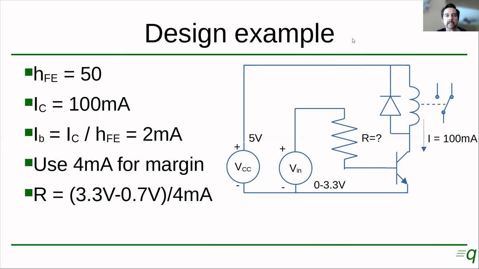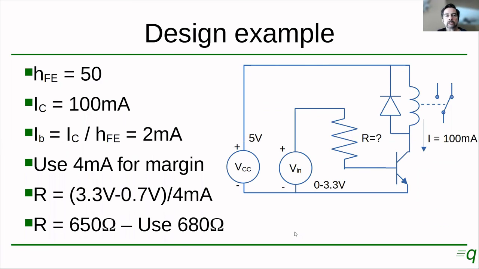If we calculate the base resistor, that would be 3.3 volts, which is the voltage from our source, minus 0.7, which is what we lose on the base-emitter diode, divided by the 4 milliamps from the previous step. So that's going to result in a resistor of 650 ohms, and we're going to be using 680 ohms, which is a standard value, very close.